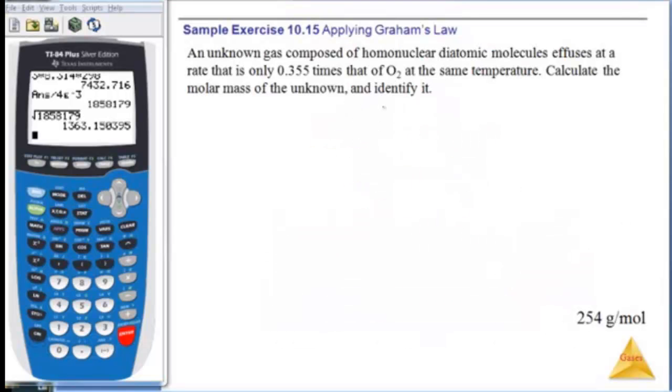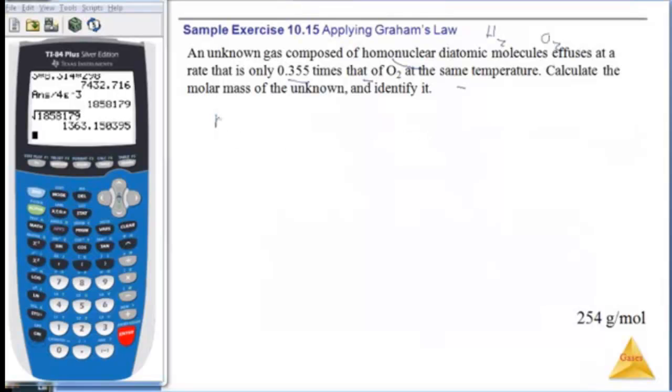Alright, so an unknown gas composed of a homonuclear diatomic molecule, which means it's something like H2 or O2, effuses at a rate only 0.355 times that of oxygen at the same temperature. Calculate the molar mass of the unknown and identify it.